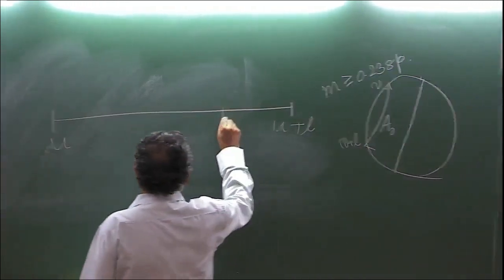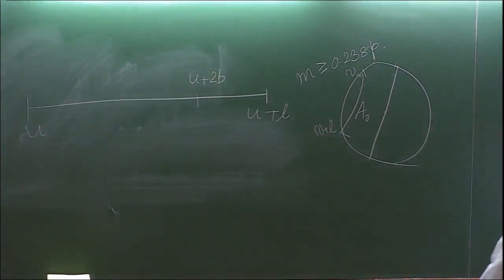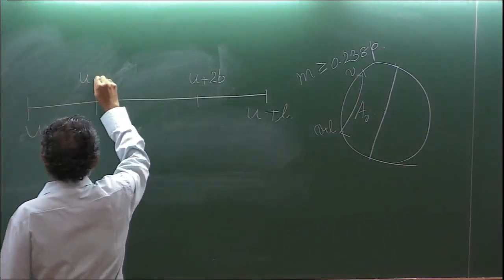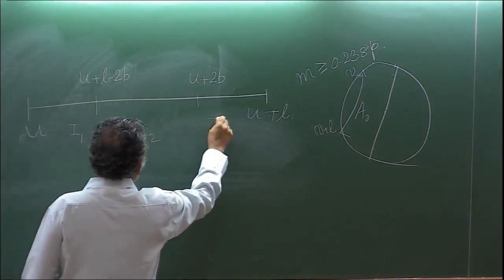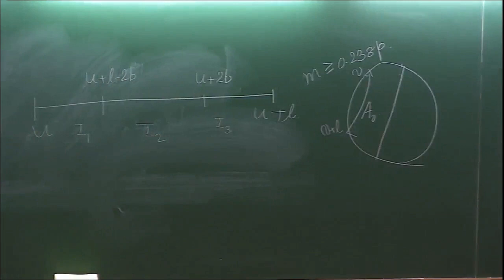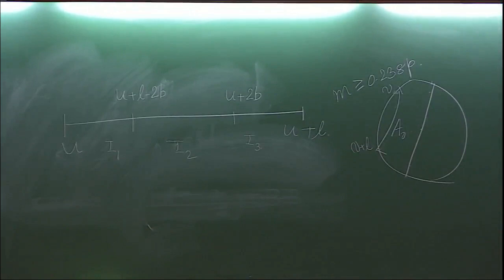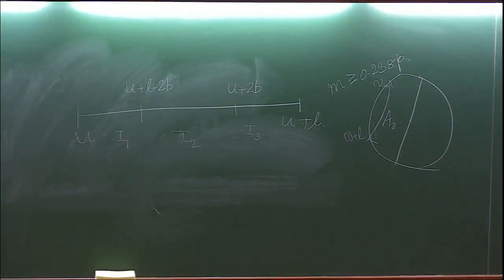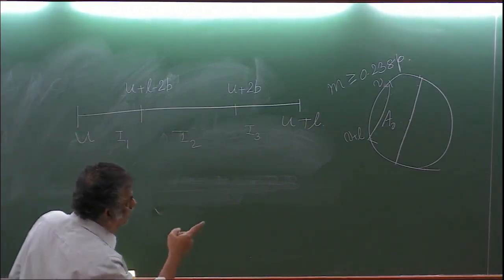Now let's do the following. Take that interval u to u plus L, you break it into three parts, I1, I2, I3, where I1 is u to u plus L minus 2b, I2 is u plus L minus 2b to u plus L minus b... and I3 is the rest up to u plus L. I am assuming L is bigger than 2b.